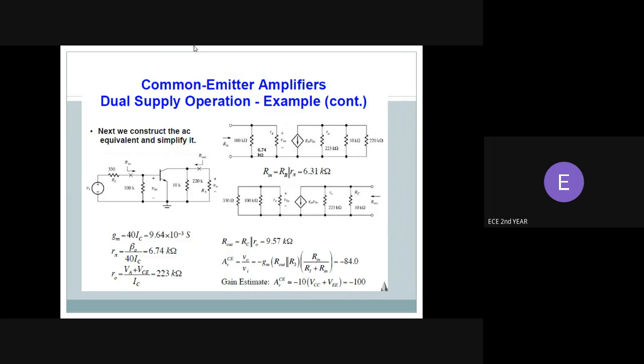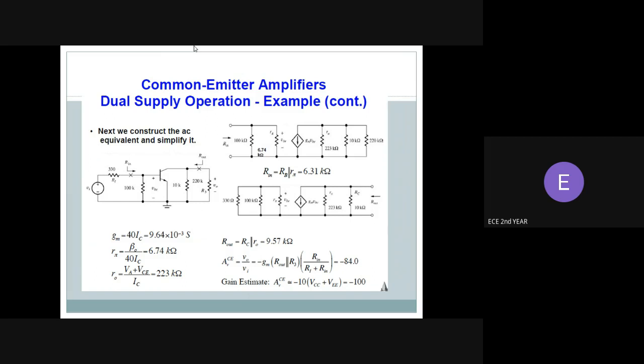And the voltage gain AV is equal to VO divided by VI, obviously output by the input. This is a characteristic of the amplifier, and it all depends upon gm, the transconductance, and the output resistance, which is parallel to the load resistance.